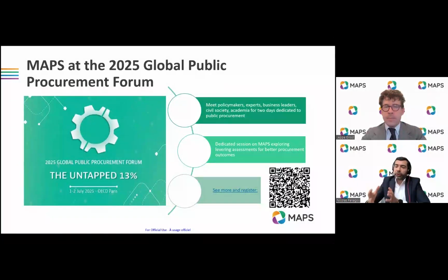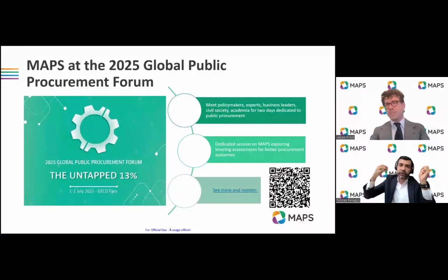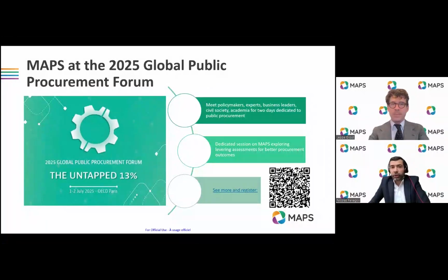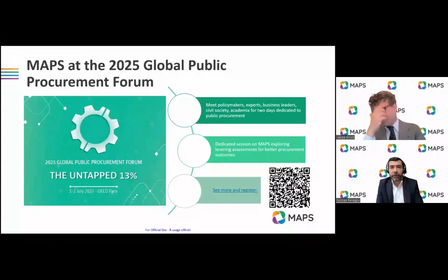The relationship is very formal, and there is a clear, independent distinction between us as a hosted entity and the persons working at the OECD who carry out assessments, because the Secretariat and the Technical Advisory Group carry out the quality assurance process for those assessments, regardless of who carries them out, an institution or a country, and that includes the OECD. So those are the main linkages with the OECD, and of course as hosts of the MAPS Secretariat.